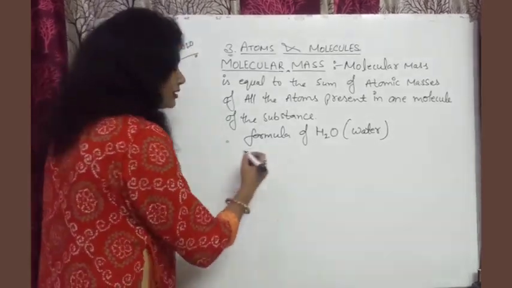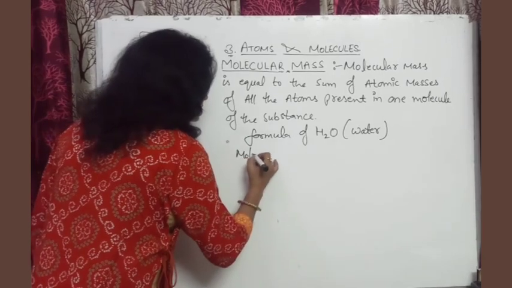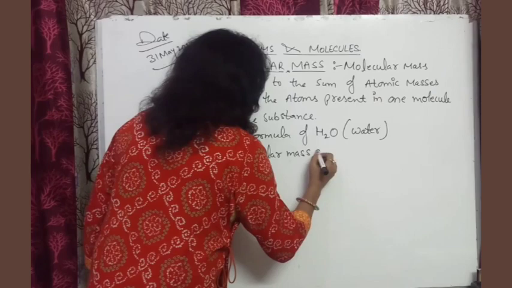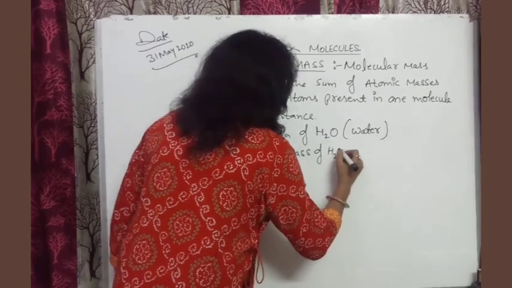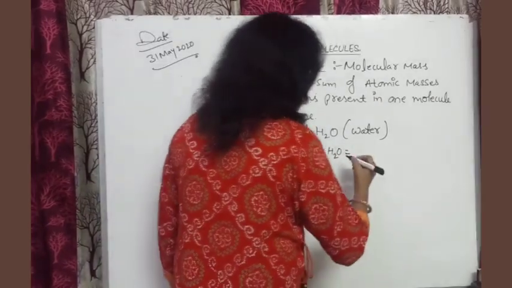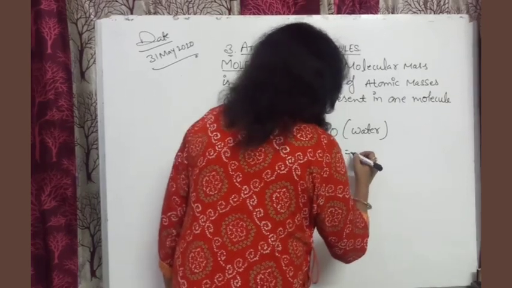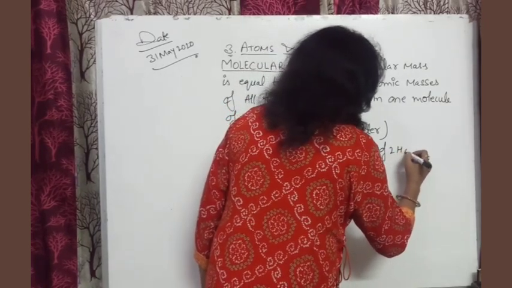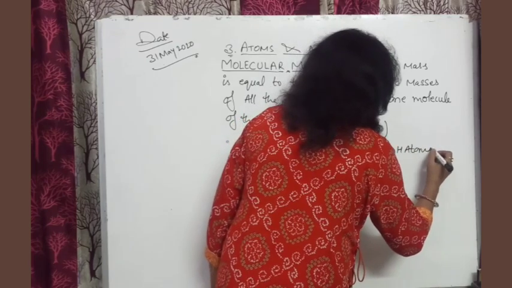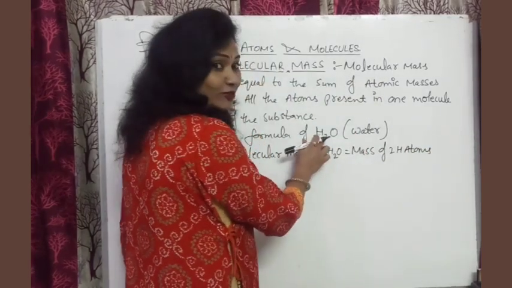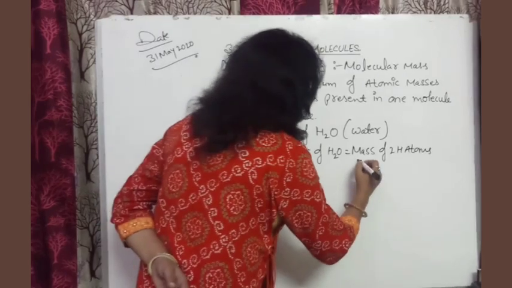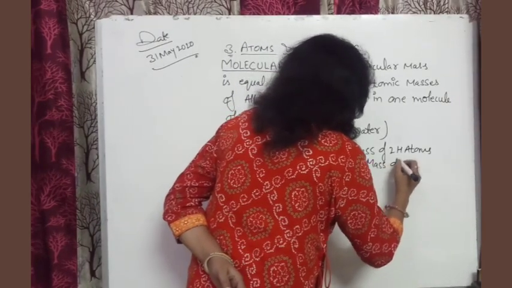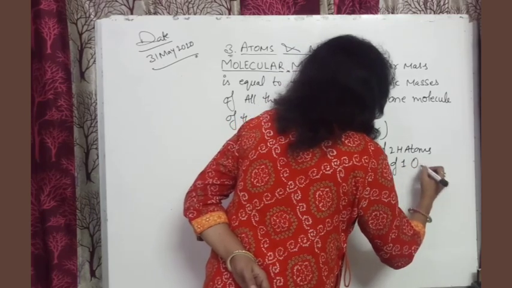Molecular mass of water, that is H2O, equals the mass of 2 hydrogen atoms plus the mass of 1 oxygen atom.